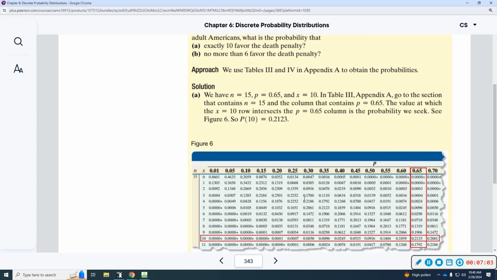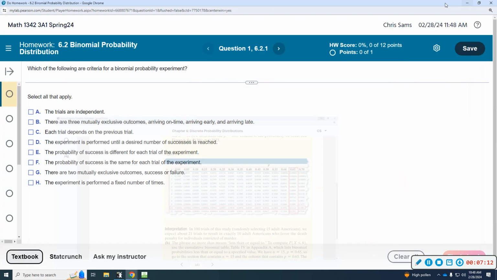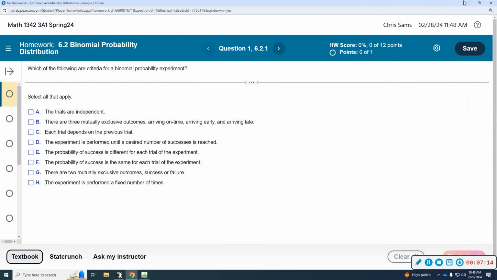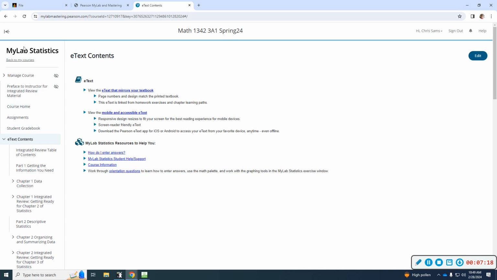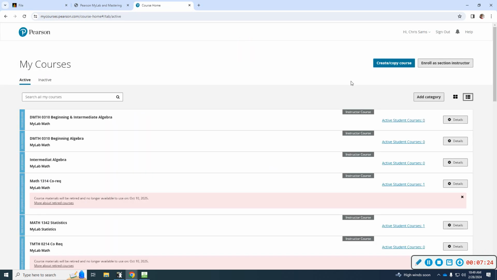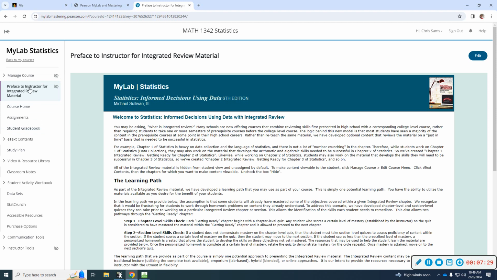So here's a table. These are in the back of the textbook. It's Table 3, Appendix A. So if you wanted to get to the tables, you would need to go to the home page for our course.